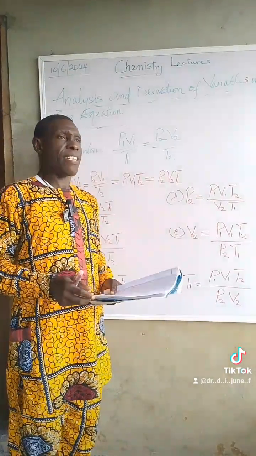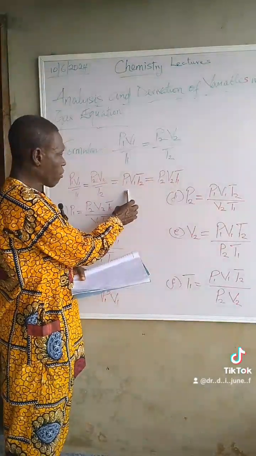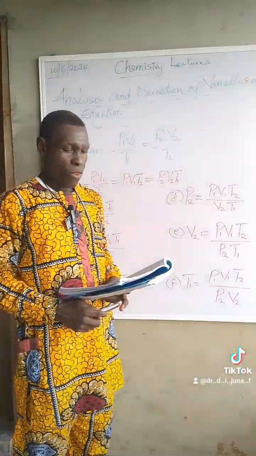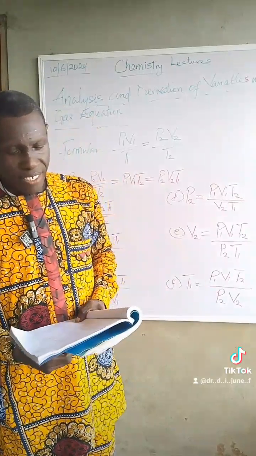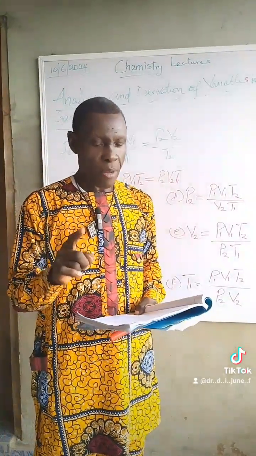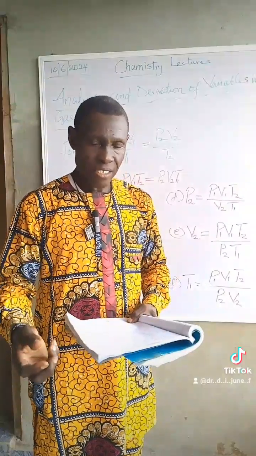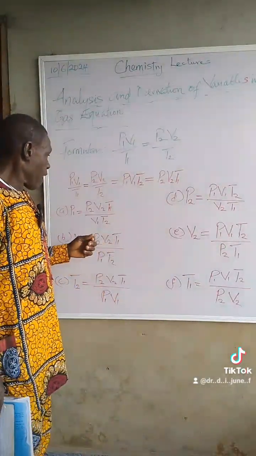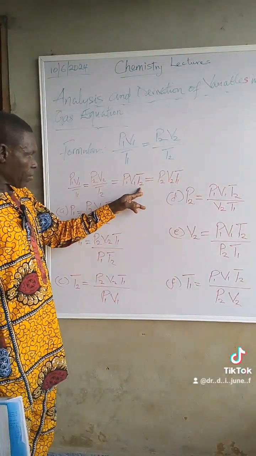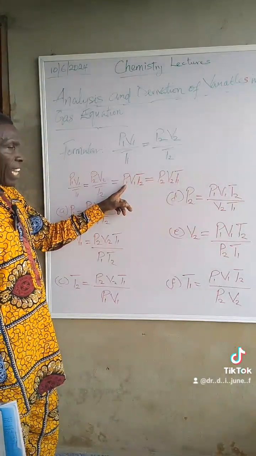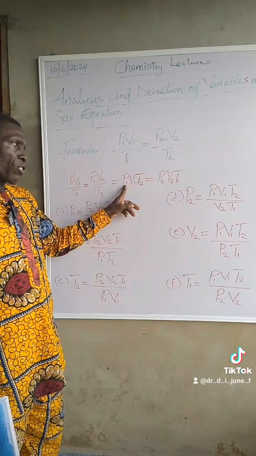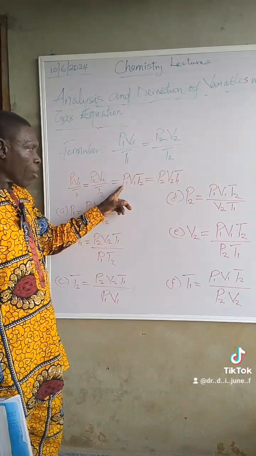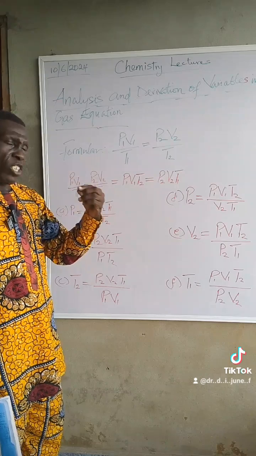Now, step three. At this level that you have done cross multiplication, you can now determine or calculate any of the variables that you may be asked to determine. If we are taking P1, that is, you are asked to calculate the initial pressure, we take P1 out as the subject of the equation.